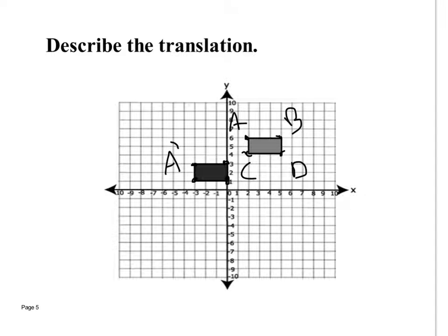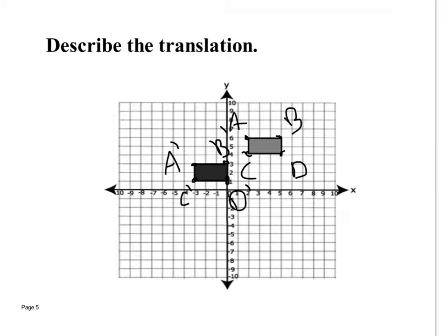All it is is A with an apostrophe. This is going to be B prime, C prime, and D prime. So you know which coordinate we're talking about. If I say A, I'm talking about the original coordinate. If I say A prime, I'm talking about the coordinate of the image, the new one. Everybody get that?